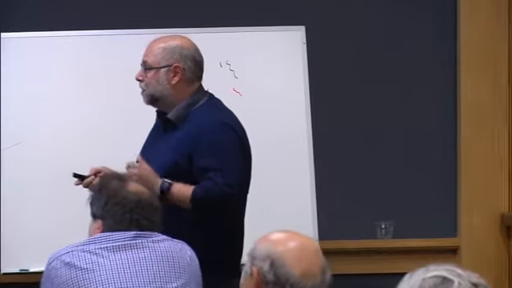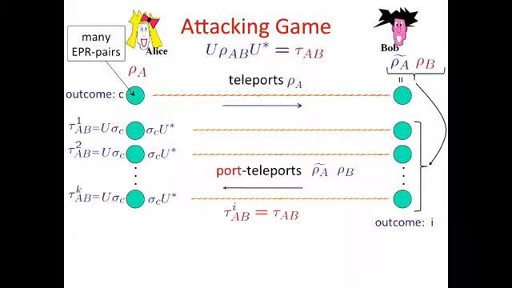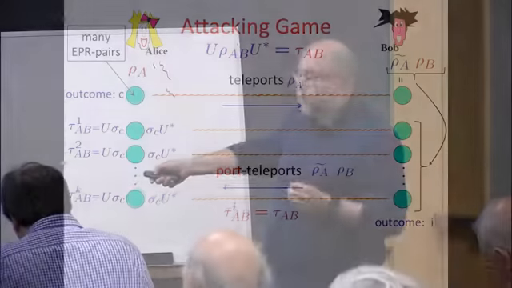And she keeps the tau A's at home and sends the tau B's to Bob. And note that the ith one here really contains the right tau A, B.